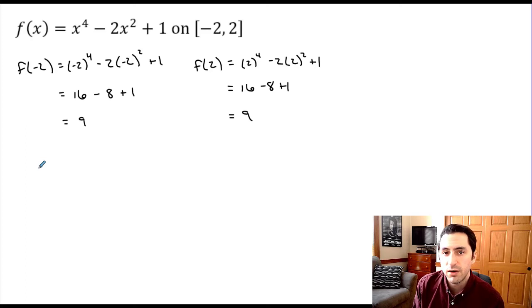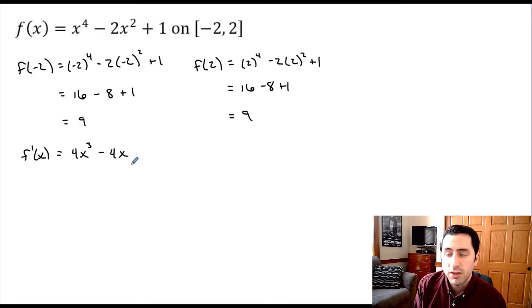So now let's find each number in this interval where we're going to have a horizontal tangent line. To do that, let's take a look at the derivative. I'm going to start by finding f prime of x, and I can just use the power rule to do this. So the 4 comes down, so 4x cubed, and then if I bring the 2 down, 2 times 2, we get minus 4x to the first, and the derivative of 1 is just 0.